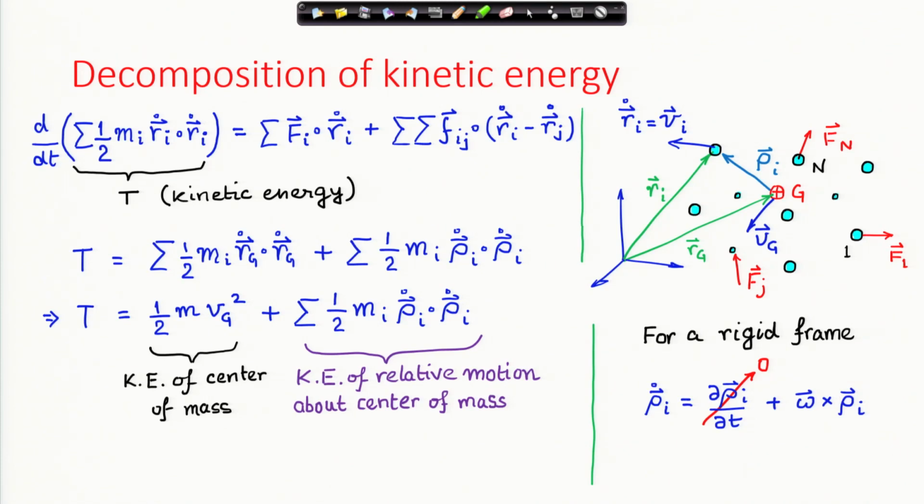Therefore, del del t of rho I is 0, because now G, the center of mass, and the ith particle, both are points of the same rigid frame. Therefore, rho I dot is only omega cross rho I. We are going to use this expression a little later.